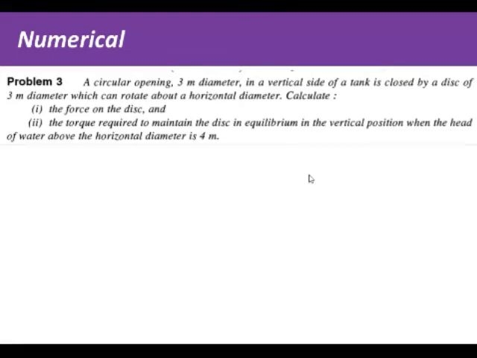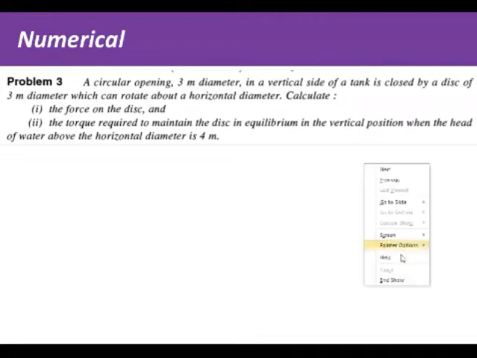Calculate the force on the disc and the torque required to maintain the disc in equilibrium in vertical position when the head of the water above the horizontal diameter is 4 meter.